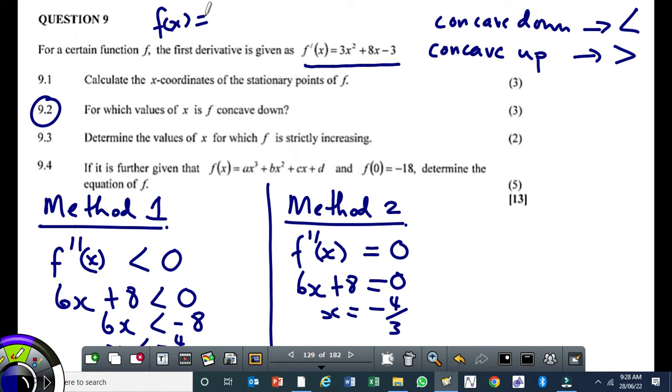Remember, to get this 3x squared, what happened to the original cubic function? What was the coefficient of the x cubed term? It was a 1. Okay? If the coefficient of the x cubed term was a 1, what does that tell you in terms of the shape of the graph? Is it like this, or is it like that?